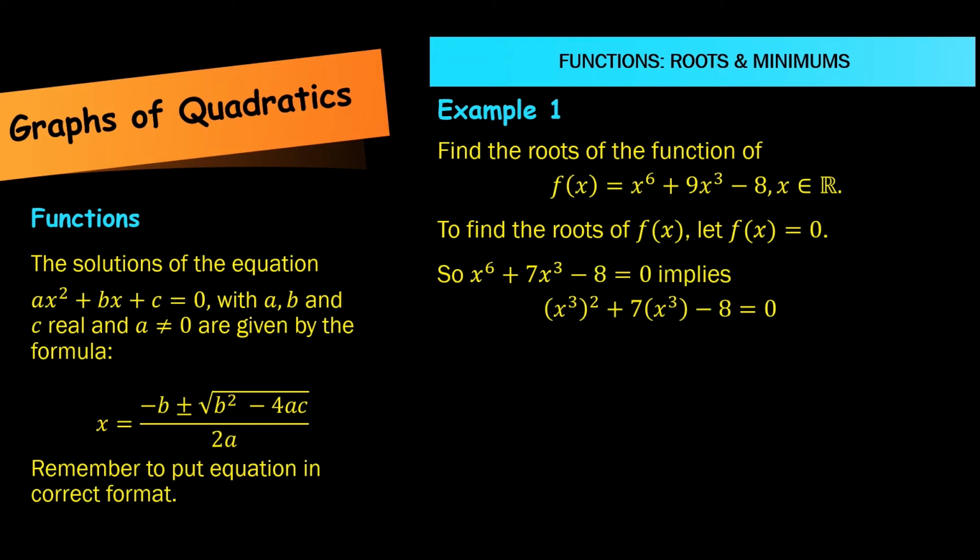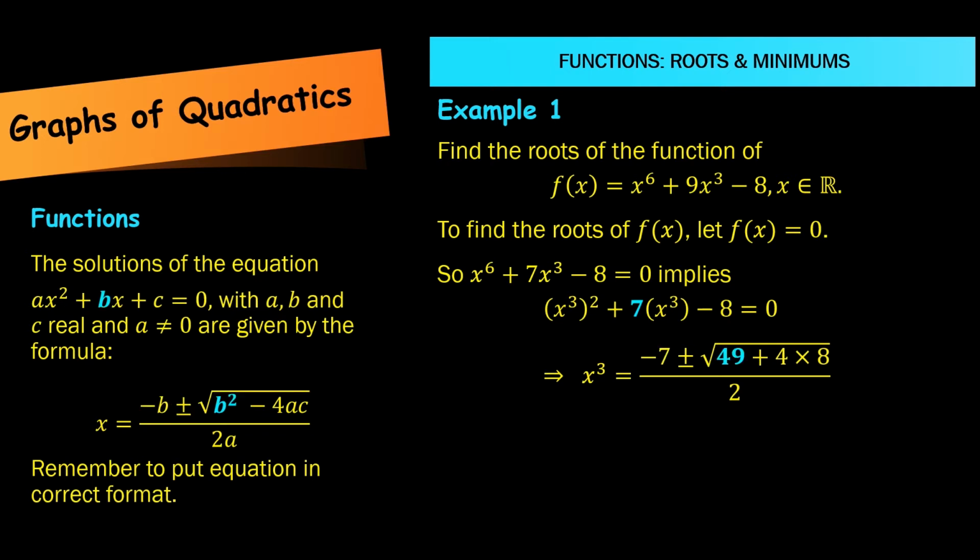Now we solve for x cubed. So x cubed equals minus b, we've plugged in the minus b, plus or minus square root of b squared, here's our b squared, minus 4ac is 4 times 8, all over 2a, which is 2 times 1.